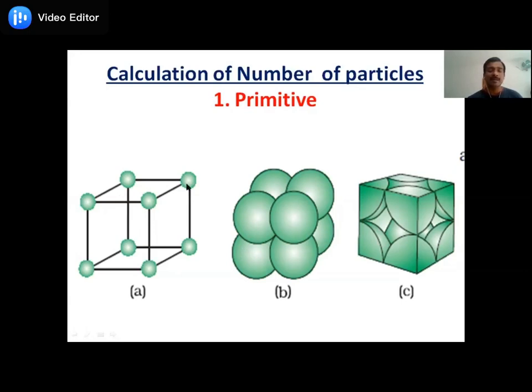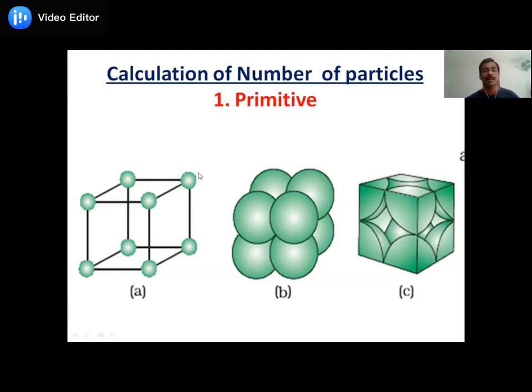And when you consider this one corner, if another unit cell is present on this side to the right, it will be shared by that one also. If another one is present in the back side, now it is shared by 3, this side, 4. Similarly, 4 unit cells above this sphere are also possible.